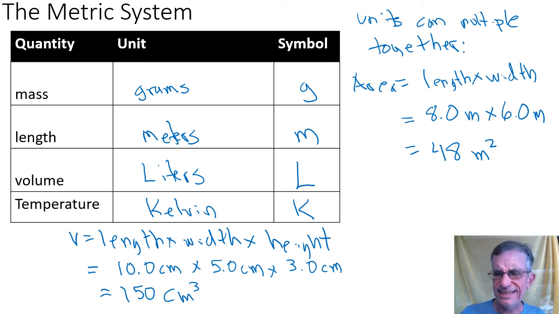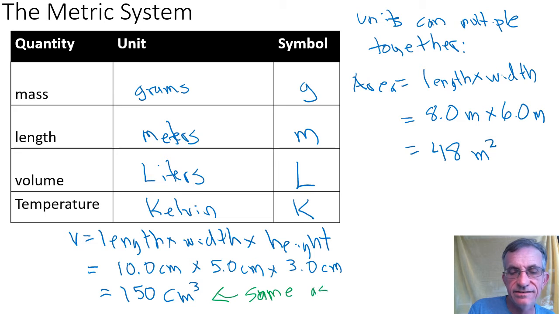Now, one other thing I'll tell you about this is that cubic centimeters sometimes has another name. A cubic centimeter is the same thing as a milliliter. So it turns out 1 cubic centimeter is the same thing as 1 milliliter.